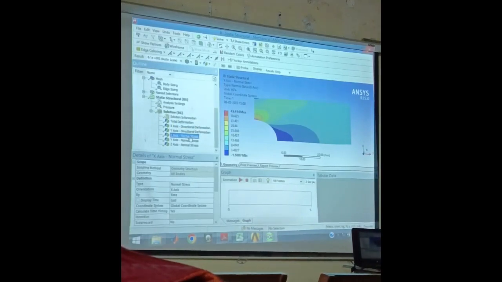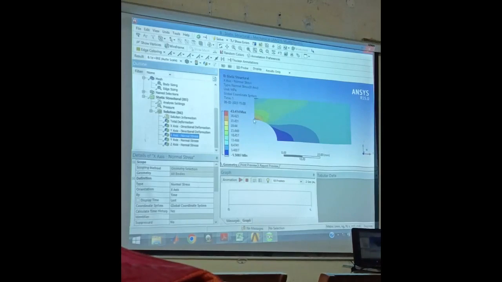Here it is compressive. Here it is tensile. So what we are talking about is sigma maximum, that is sigma x here, at theta 90 degrees, 43 MPa. And here it is negative, compressive. I told you no tensile force has been applied. At this position you will get negative, here you will get positive.